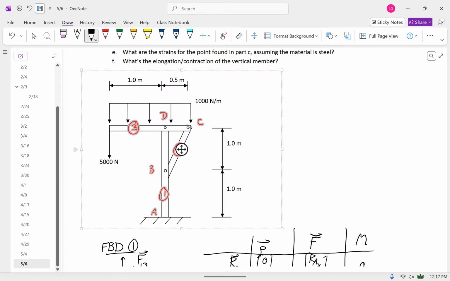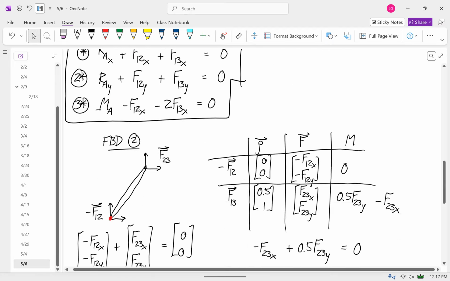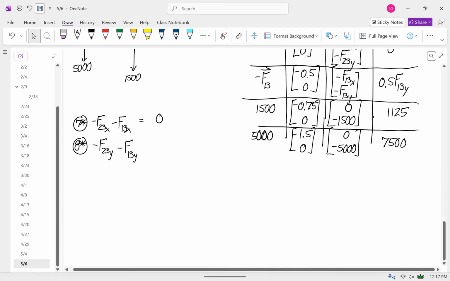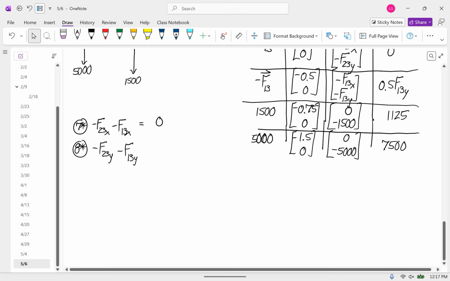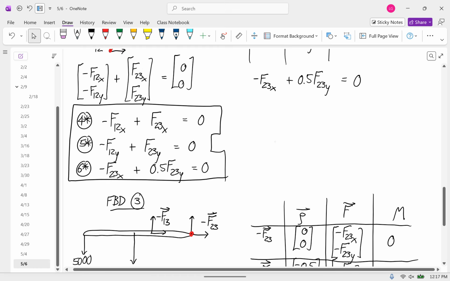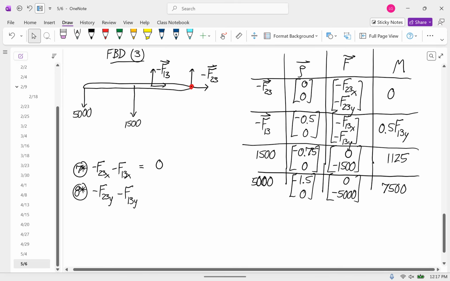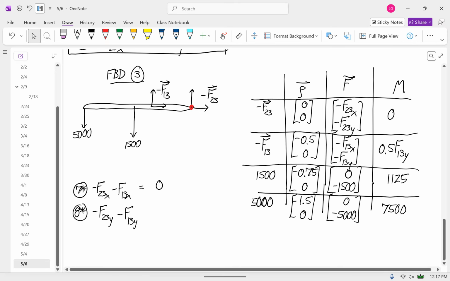I'm talking about the 1500. Oh, the 1500. That is halfway across, so that's negative 0.75. Oh, that's halfway. Yeah.